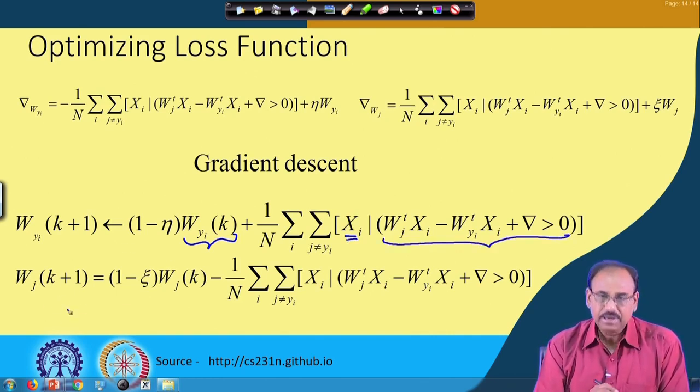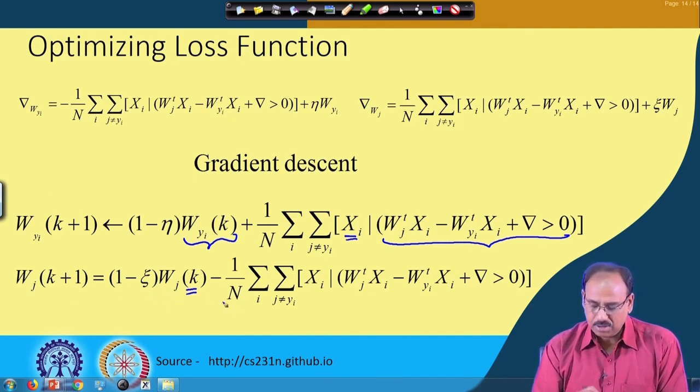Similarly, the iterated value of Wj at instant k plus 1 is given by Wj k plus 1 equal to 1 minus zeta times Wjk minus 1 over n sum of all those xi for which this condition is satisfied.